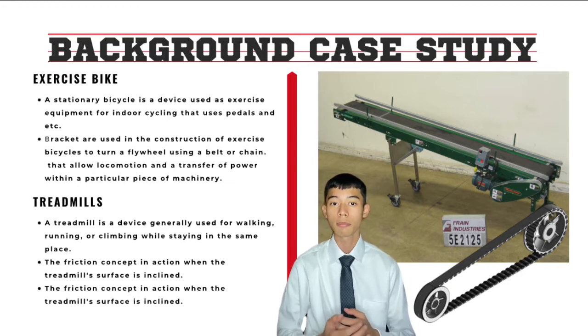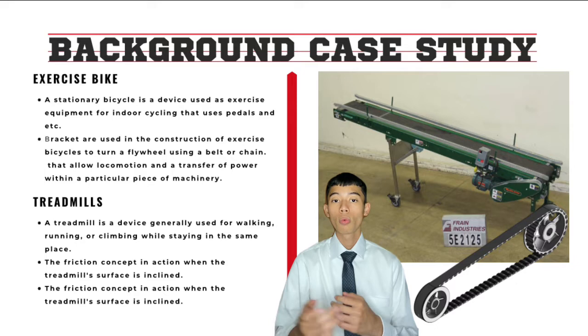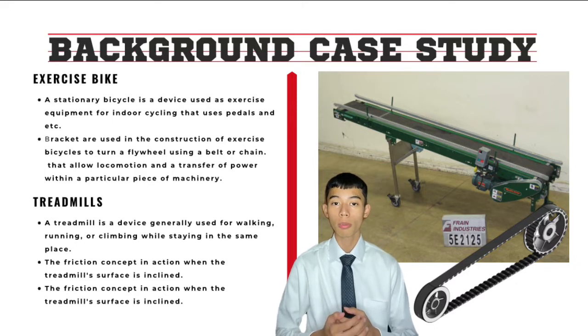However, the latest exercise bikes utilize belts to power the pulling system, while others use chains. The flow of energy from its source to the place where it is used to do work is known as power transmission.